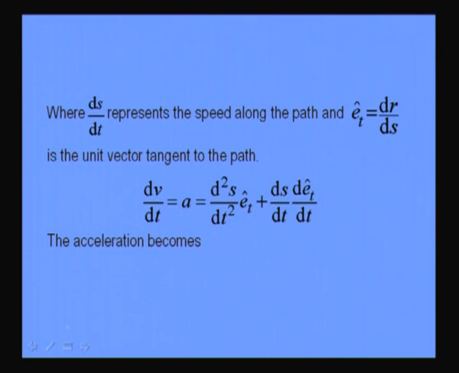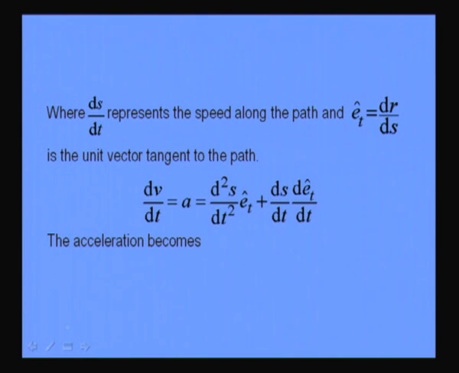It is a scalar quantity, where s is the distance travelled by the particle. So, ds by dt is the speed, and et is tangential to the path. Therefore, et is given by dr by ds, that is the unit vector tangent to the path.